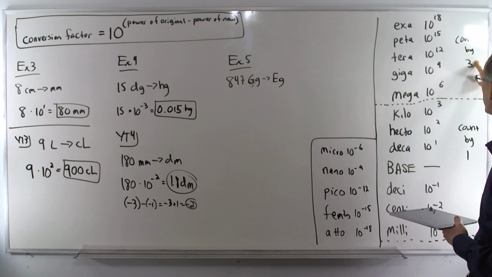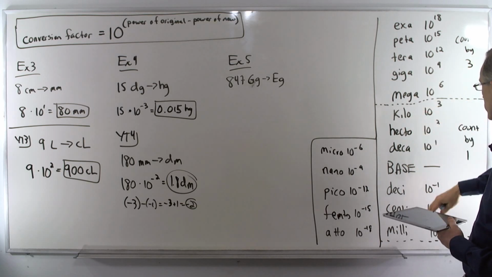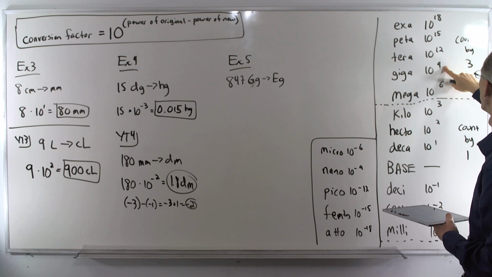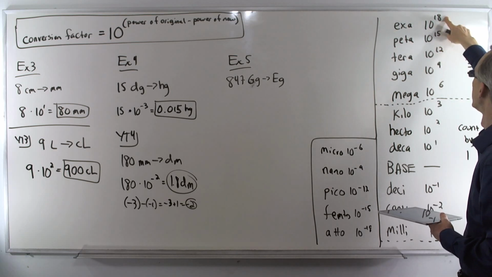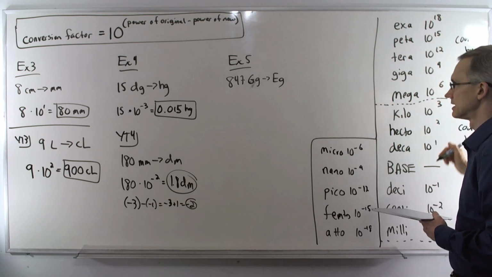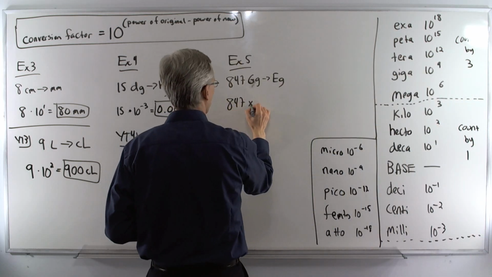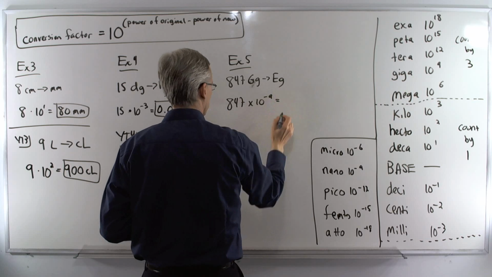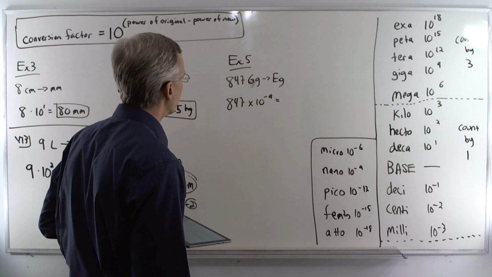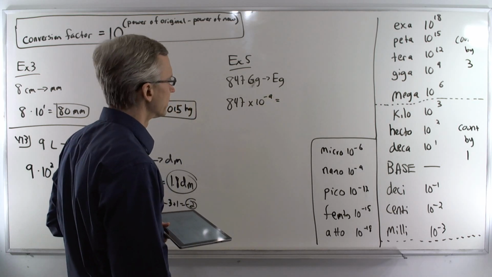Now we're counting by 3s because we're outside the first 3. So from giga, we're going 3, 6, 9. It is in the up direction, so that is negative. So that gives us 847 times 10 to the negative 9.